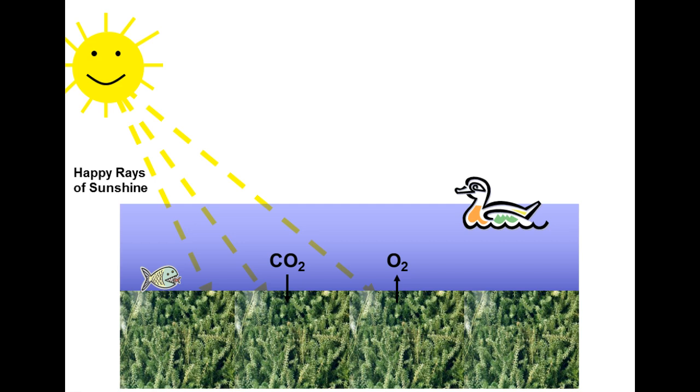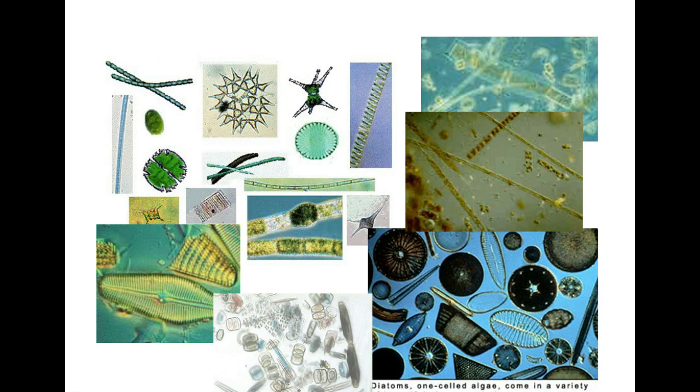Also recall that aquatic plants and phytoplankton, which are single-cell floating plants, release oxygen into the water as a byproduct of photosynthesis. Write that down. Now, phytoplankton, like you see here, again, which are single-celled plants, are the base of the aquatic food web and provide most of the aquatic oxygen.